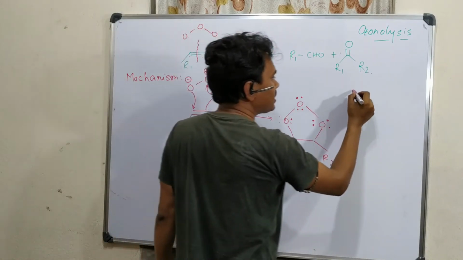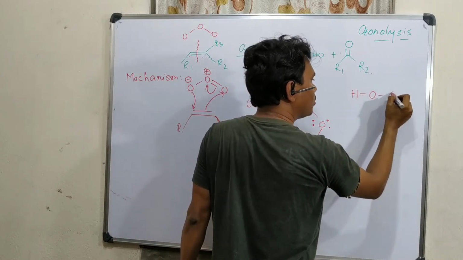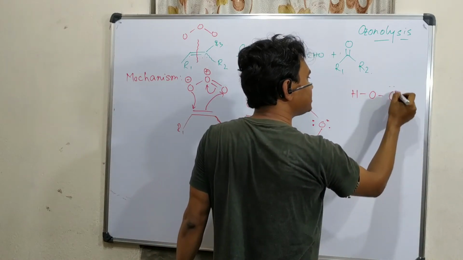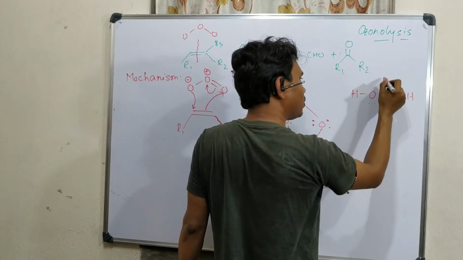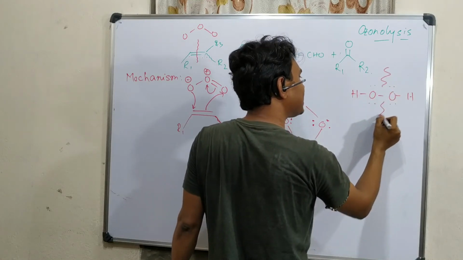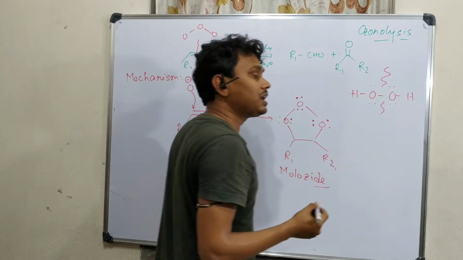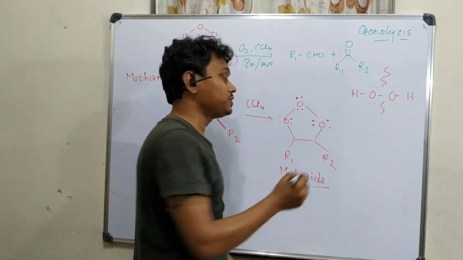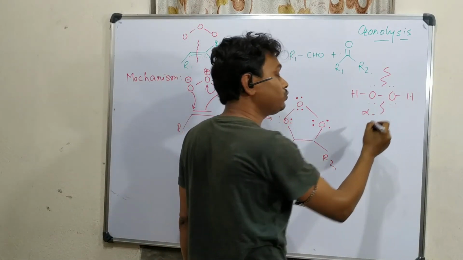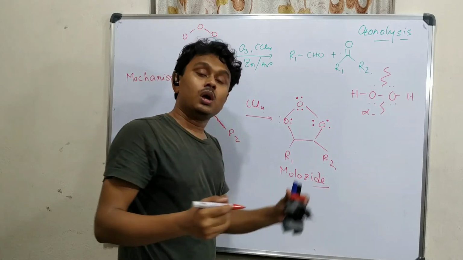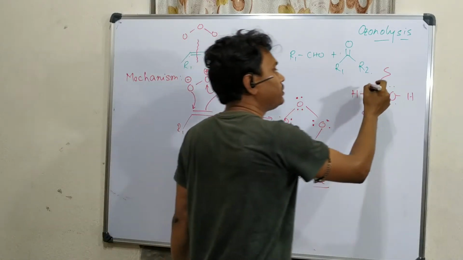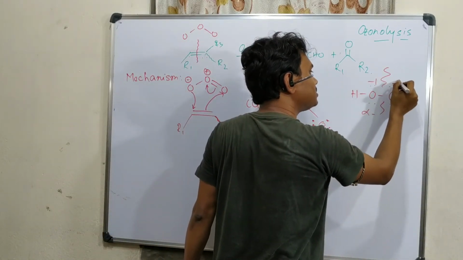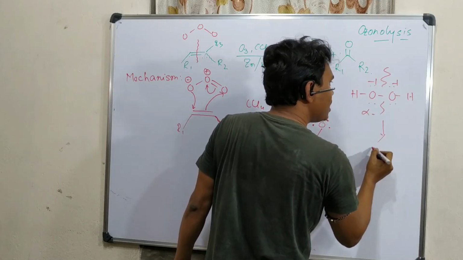We have previously read about hydrogen peroxide, which contains two adjacent oxygens, and due to lone pair repulsion they are unstable, and that's why they have a unique nucleophilic property, which is considered the alpha effect. Even they want to reduce, because this oxygen is -1, this is -1, so they want to reduce.